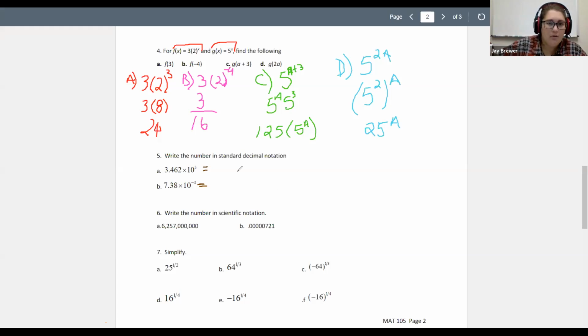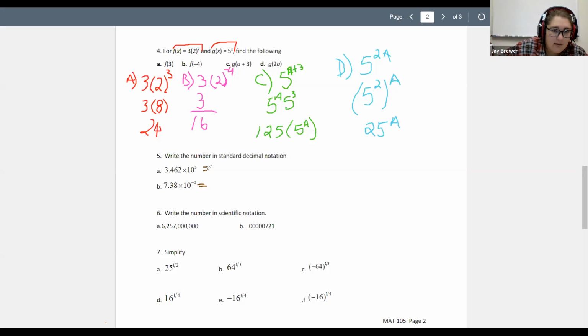Okay? So 3.462 times 10 to the 5th. It is a positive exponent, so we are going to move the little decimal piece to the right.